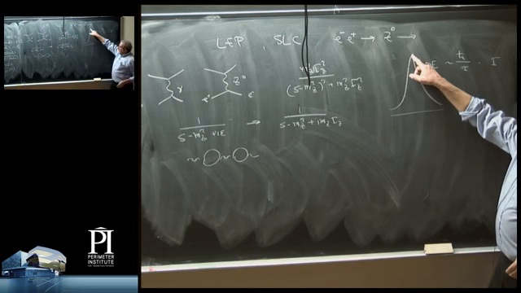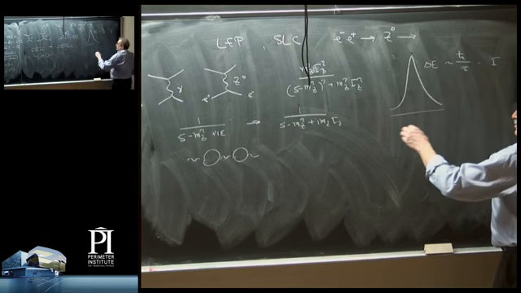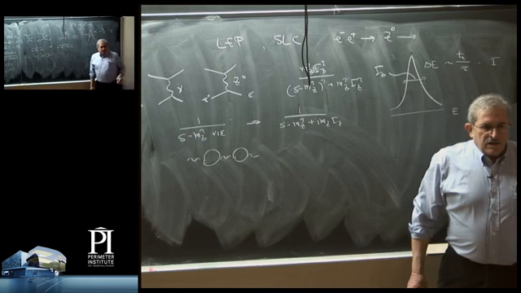The height of the resonance, I should have left something that's 1 here, is essentially a measure of the width. And then the width in energy units, the width of the resonance, is exactly that. Now, in the real situation, there are corrections to this simple picture.